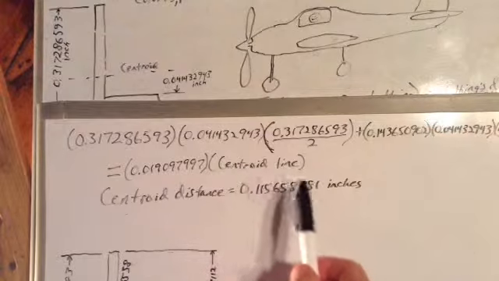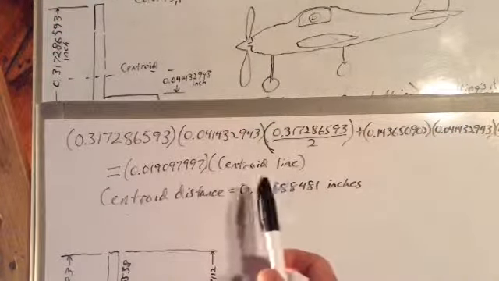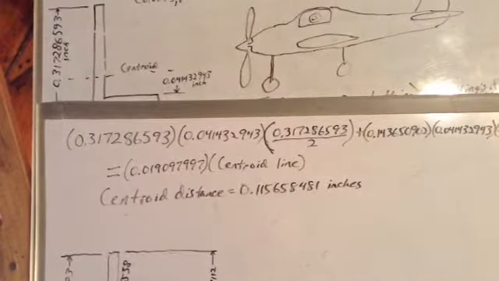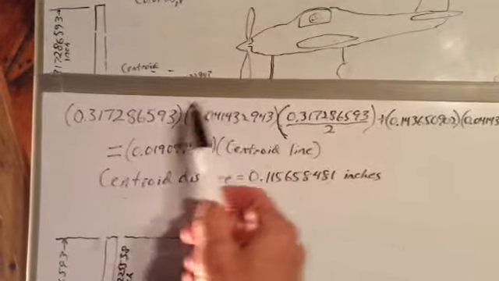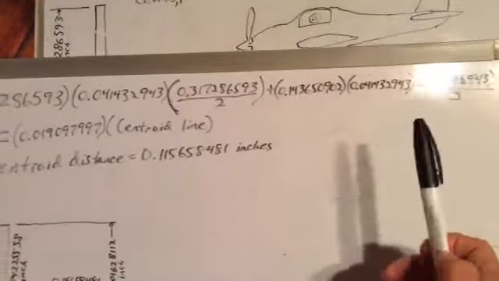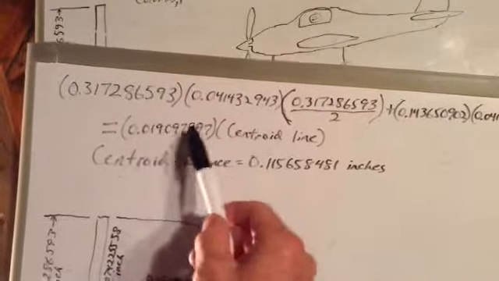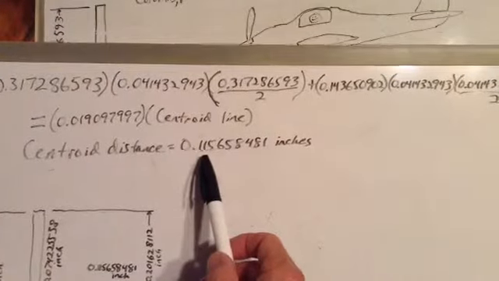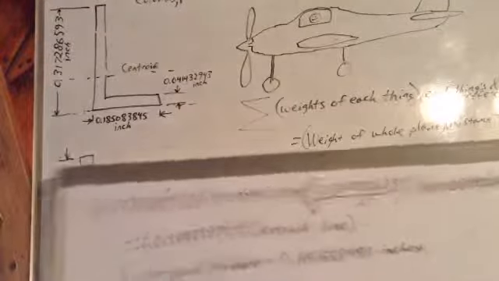So our distance to the centroid line is what we get when we do all the math here. That times that times that plus that times that times that. We set it equal to that, and then we divide all that by that. That gives us the distance to our centroid line, which is 0.115658 inches.